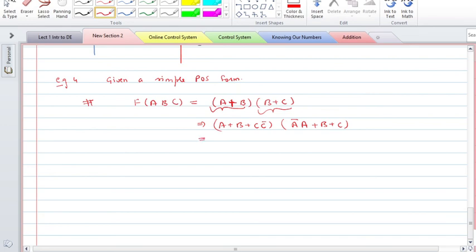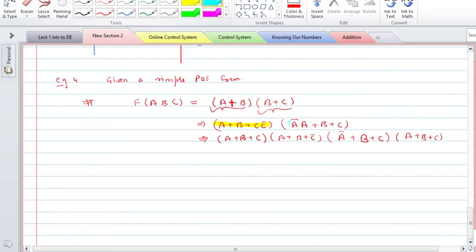Okay, using the Boolean theorem, that is this one, a plus b plus c bar for this first term. Similarly for the second term, this is a bar plus b plus c into a plus b plus c.